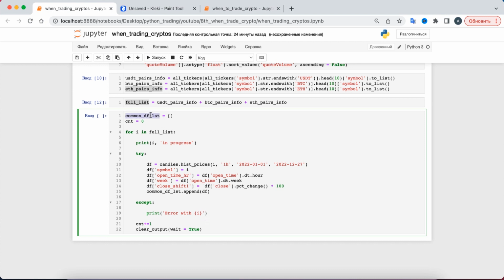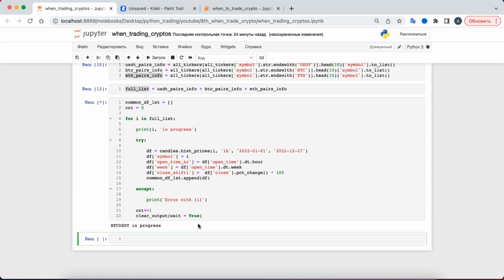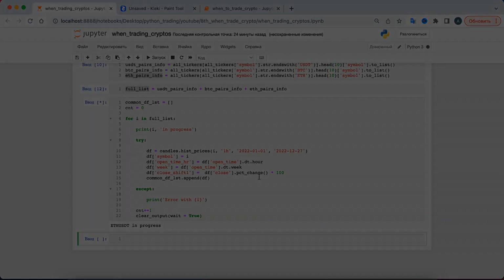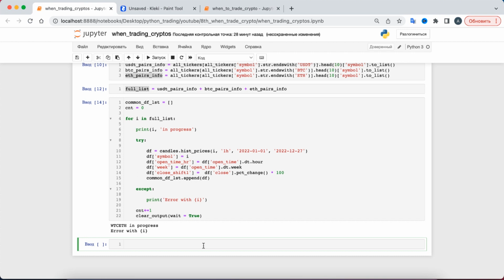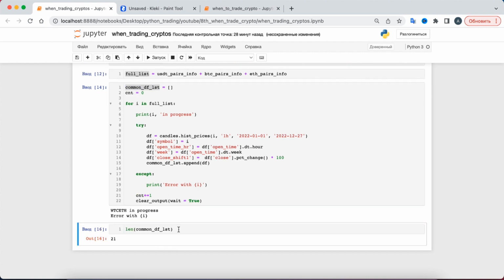I will combine the separated data frames into one with another comment. So I run the cycle, and you can see it works. It can take more time. Okay, the process is done, and now we have a list with 21 data frames for different assets from the full list.